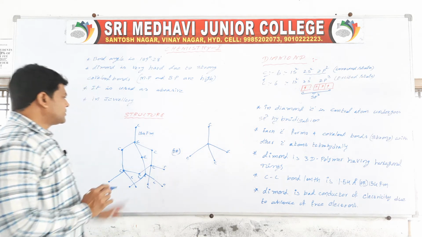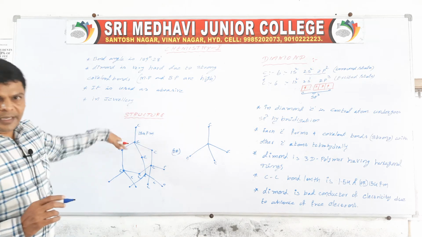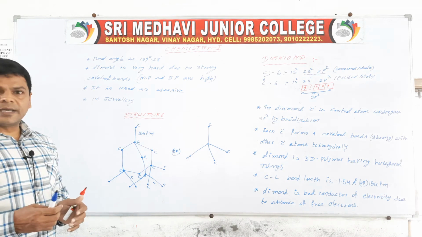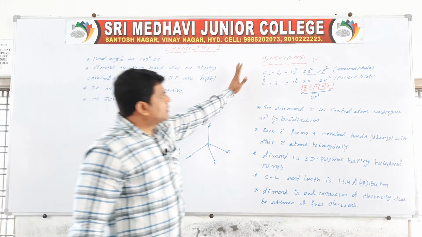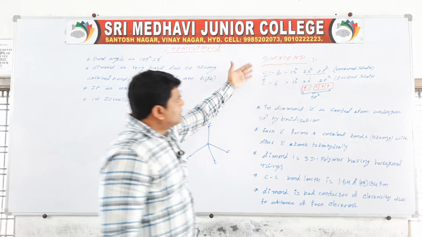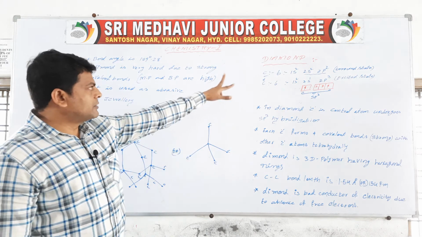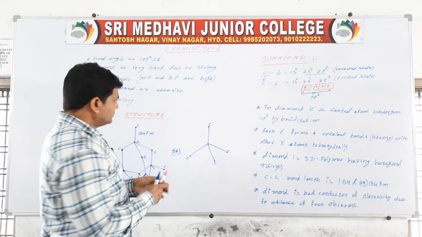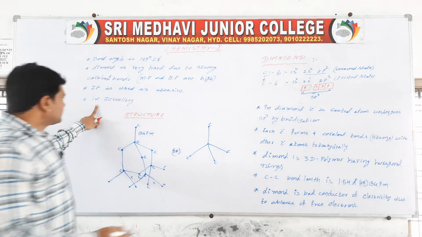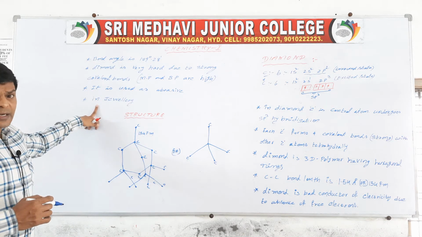So it is the bonding in diamond. Understand? So this is the way. So carbon allotropes, the first one, diamond. It is used as an abrasive material, and it is used in jewelry also.